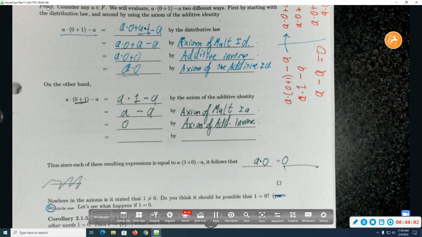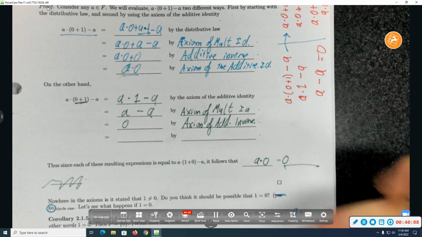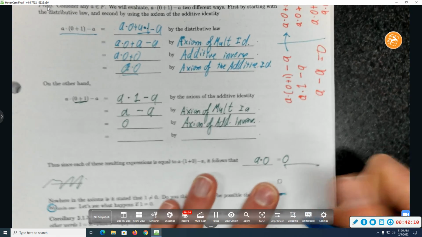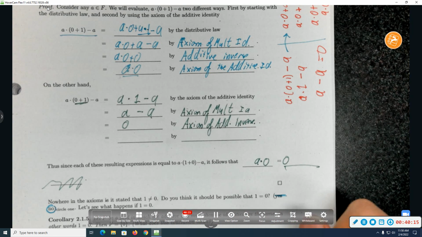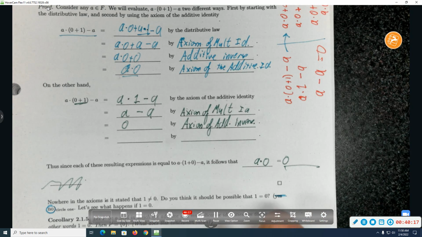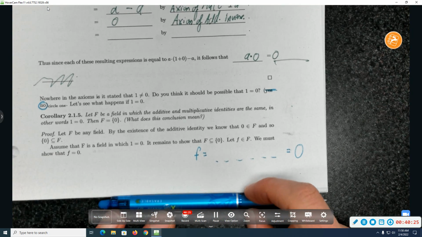So maybe as you pack up, I'll give the idea of how this proof will go. If 1 is equal to 0, then you would want to consider any element of the field and get that element to be 0. That's going to be the goal of the proof. Take any element of the field, show that that element is equal to 0.